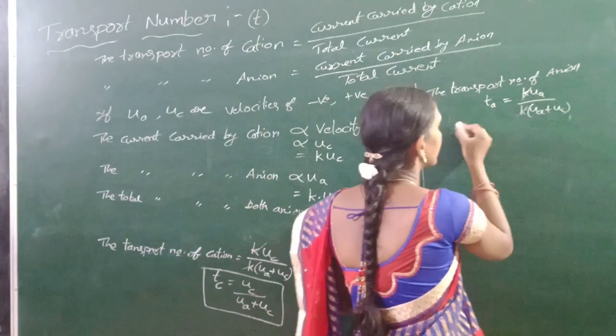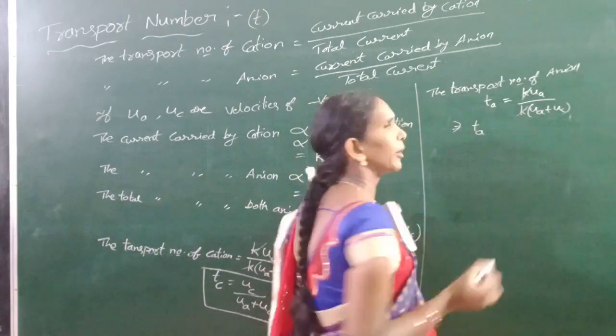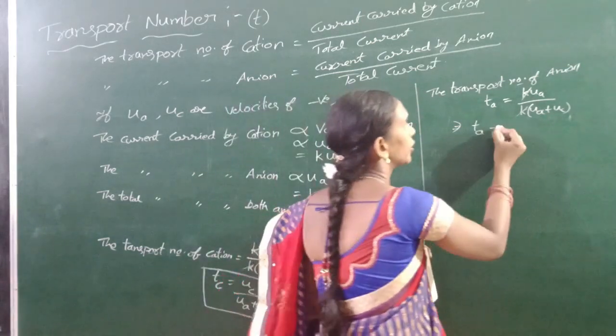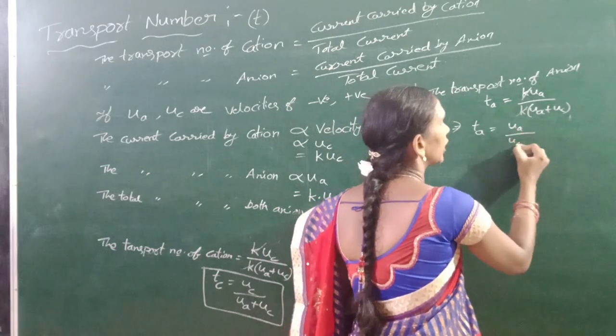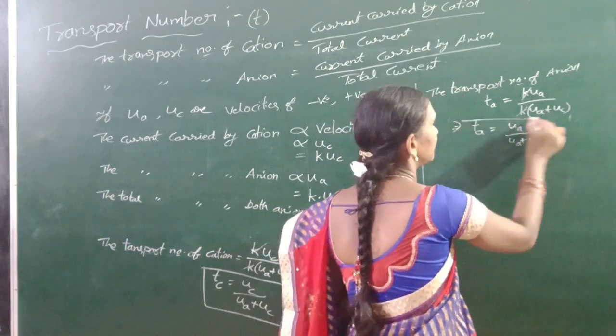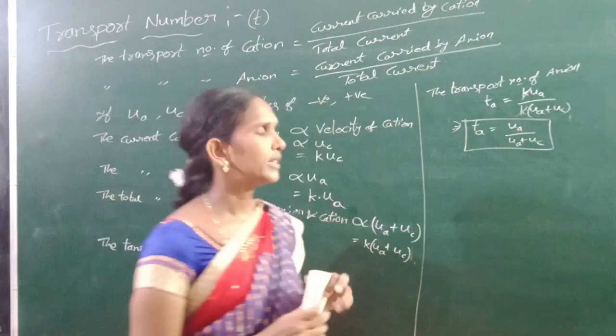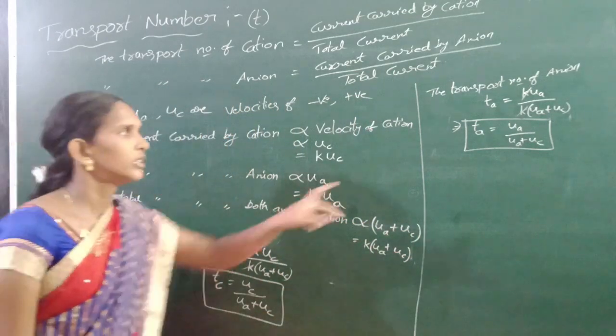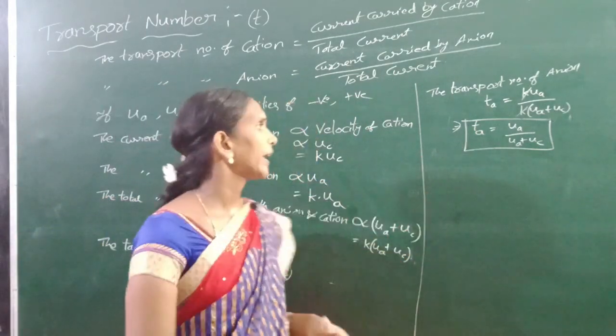Now K cancelled. Then the transport number of anion is equal to UA by UA plus UC. This is the transport number of cation, and this is the transport number of anion.